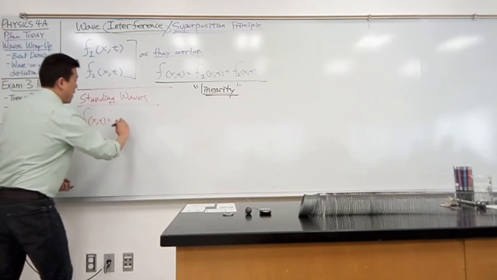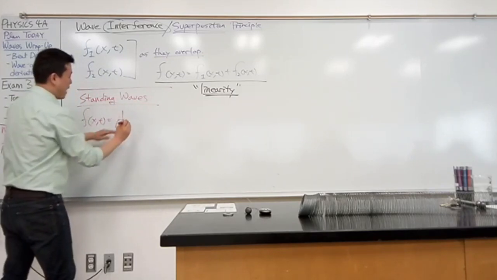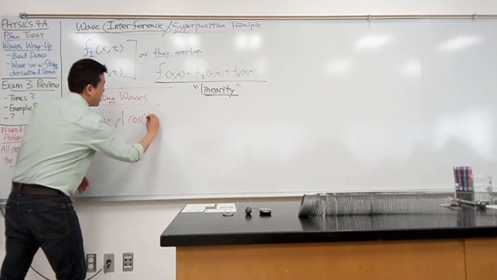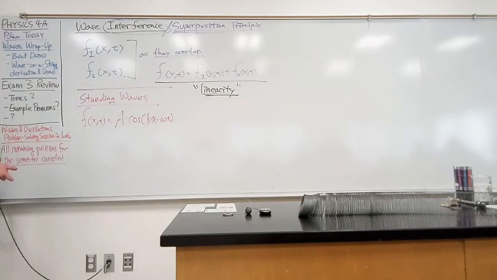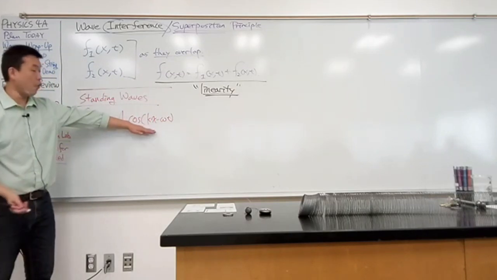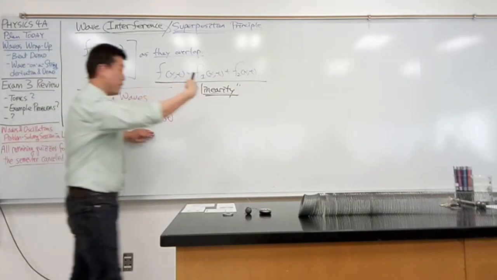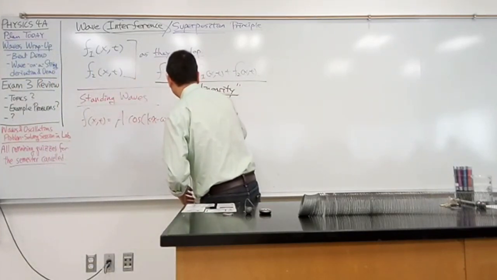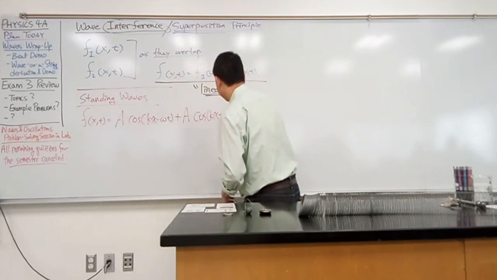So one wave might be moving to the right. I could describe that as some amplitude A times cosine of kx minus omega t. And when this overlaps or interferes with a wave that's traveling to the left, that would be A times cosine of kx plus omega t.